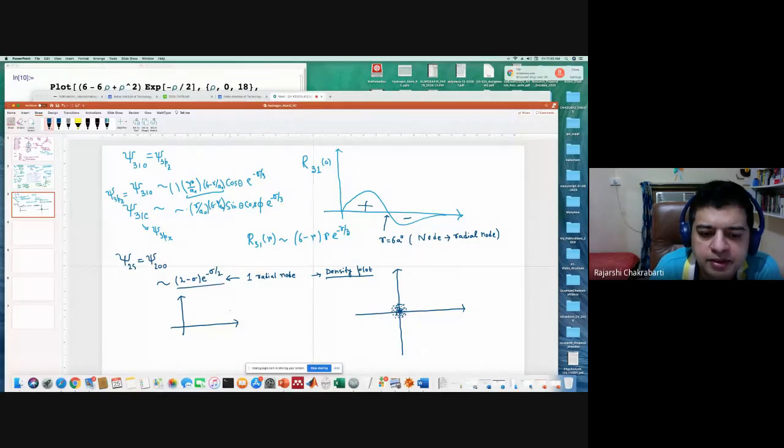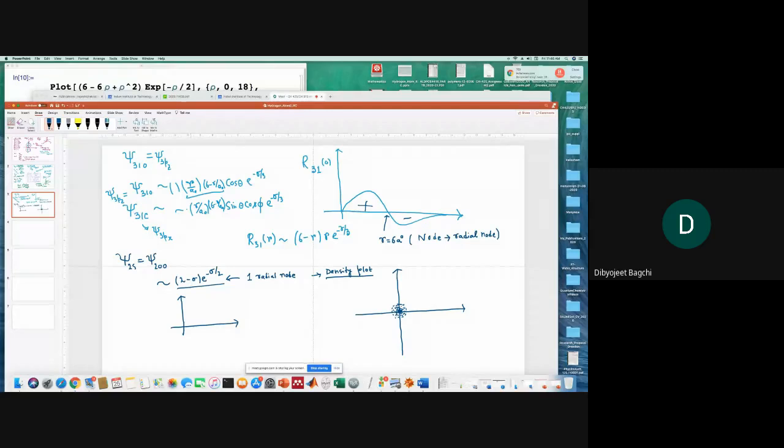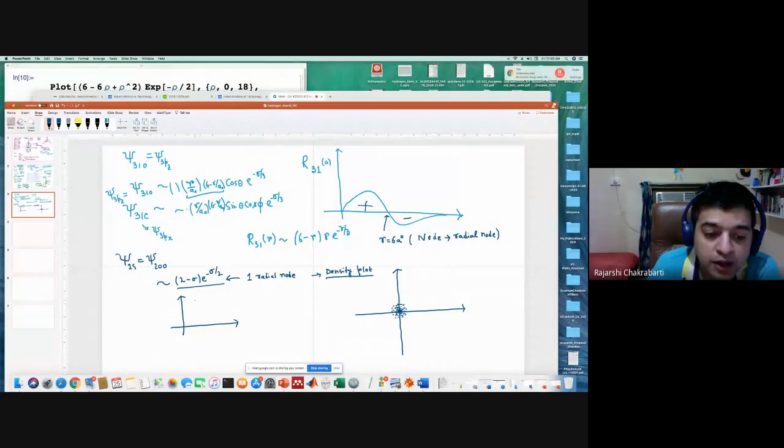What am I going to get? Tell me. At 0, some constant, isn't it? If r, which is sigma, increases, it will decay, and then at sigma equal to 2, it will hit the axis.